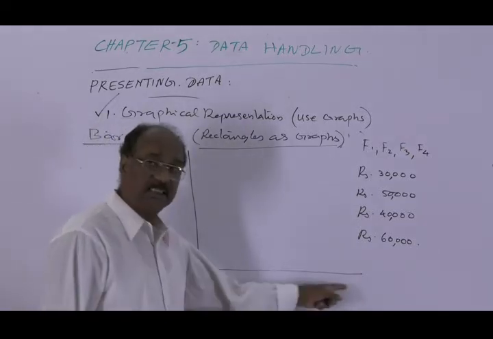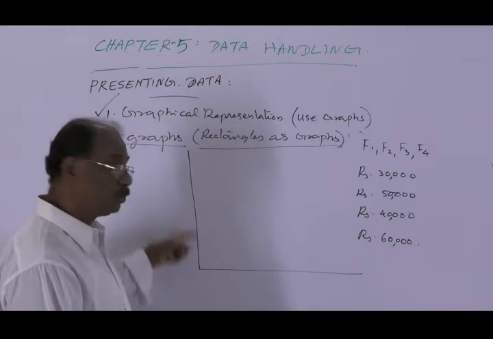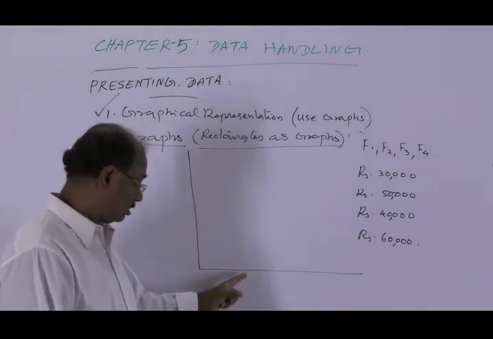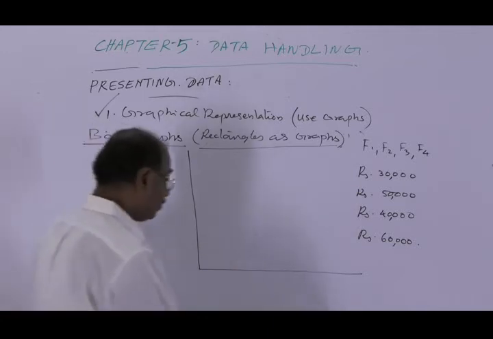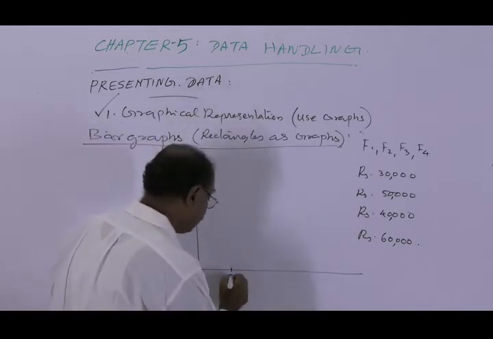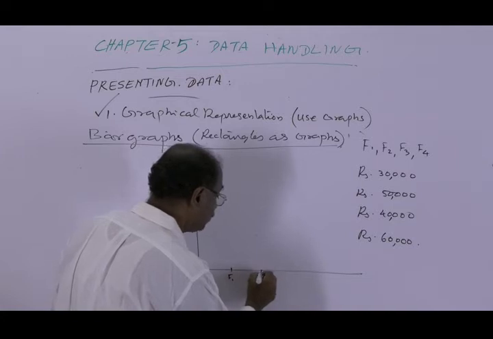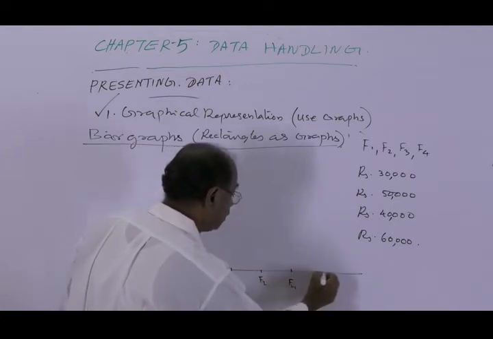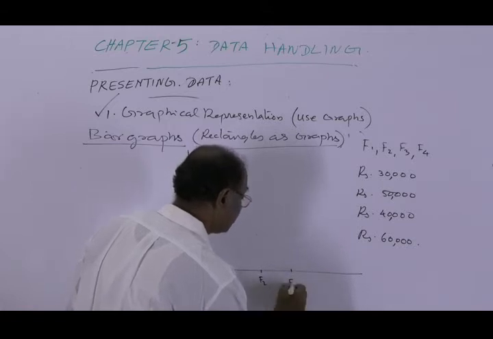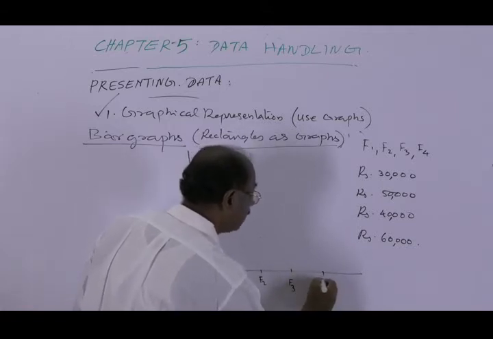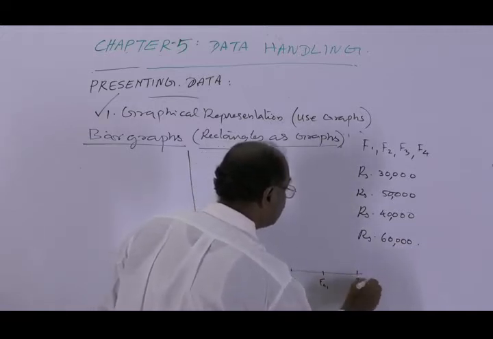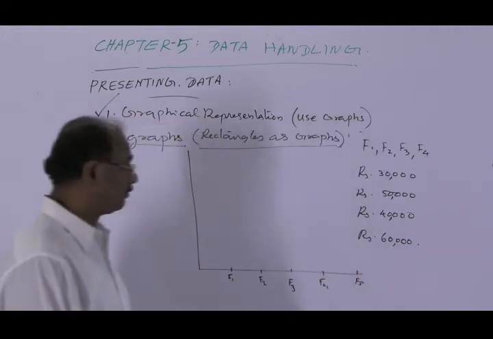Mark families along one of these two lines. Suppose we mark families along the horizontal line: family 1, F1, family 2, F2, family 3, F3, family 4, F4.